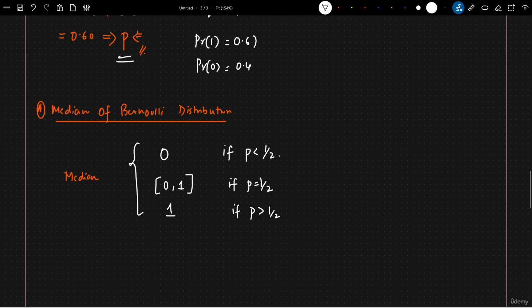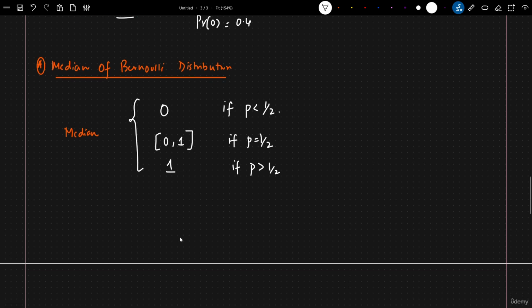Now you may be thinking, Krish, why have you done it this way? What is the main aim here? If I want to simplify this entire thing, I can write it like this. The median will be equal to 0 if q is greater than p.